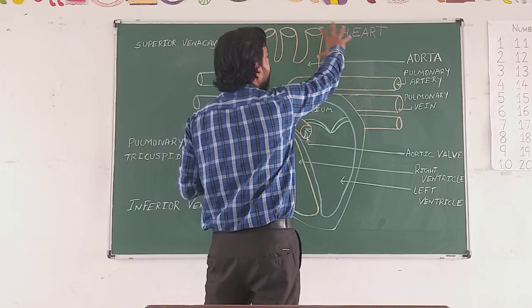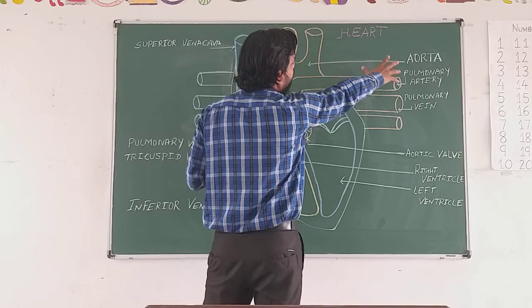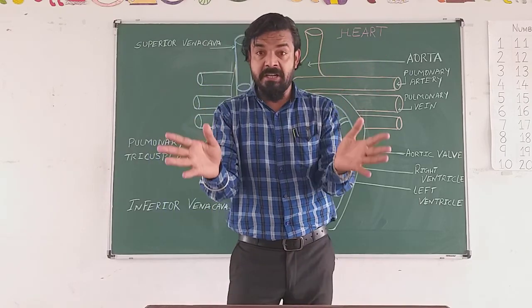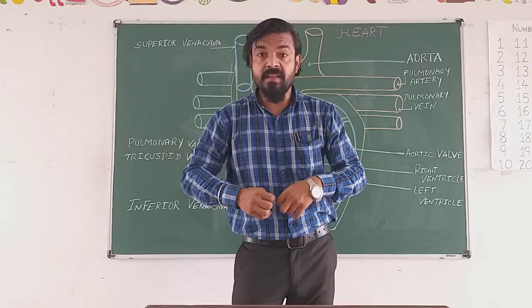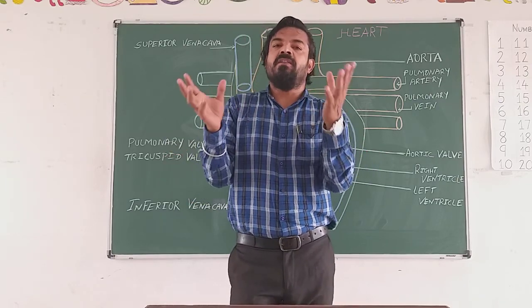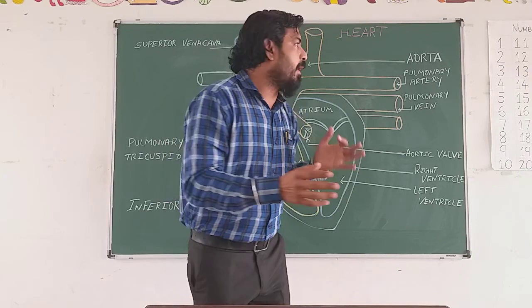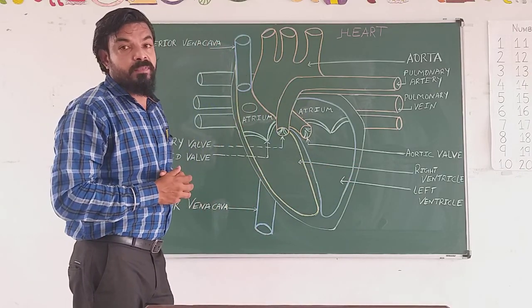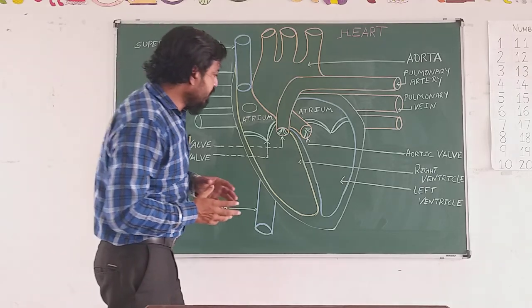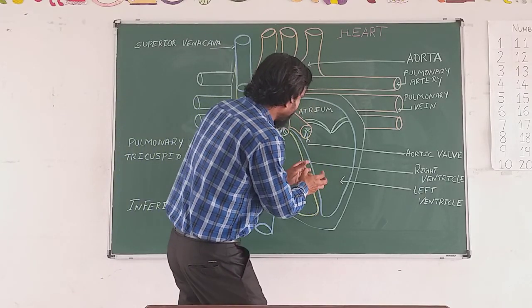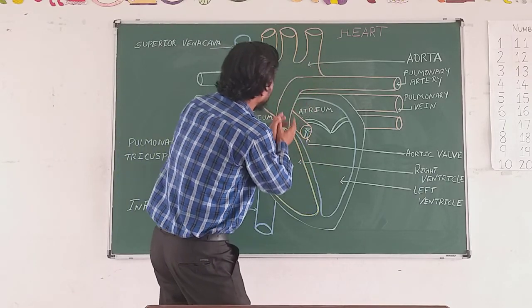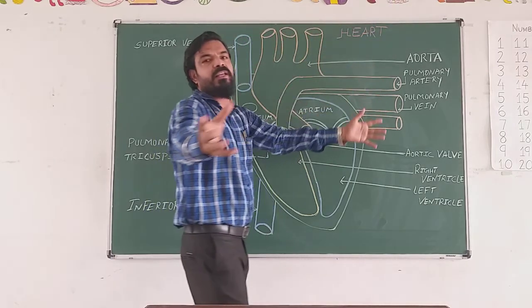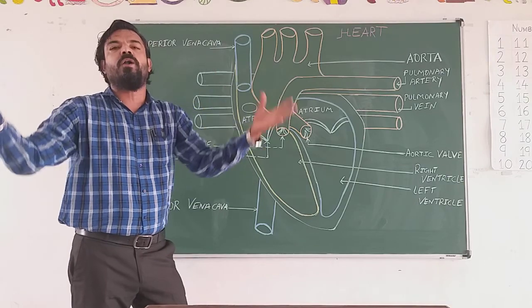This is the left side of the heart and it contains the aorta, and this aorta is again divided into arteries, and these arteries are again divided into capillaries. But what do arteries contain? Oxygenated blood. Fine. That means with the pumping of the blood from the left side, it goes to the aorta, and the aorta divides into arteries and pumps to all parts of the body.